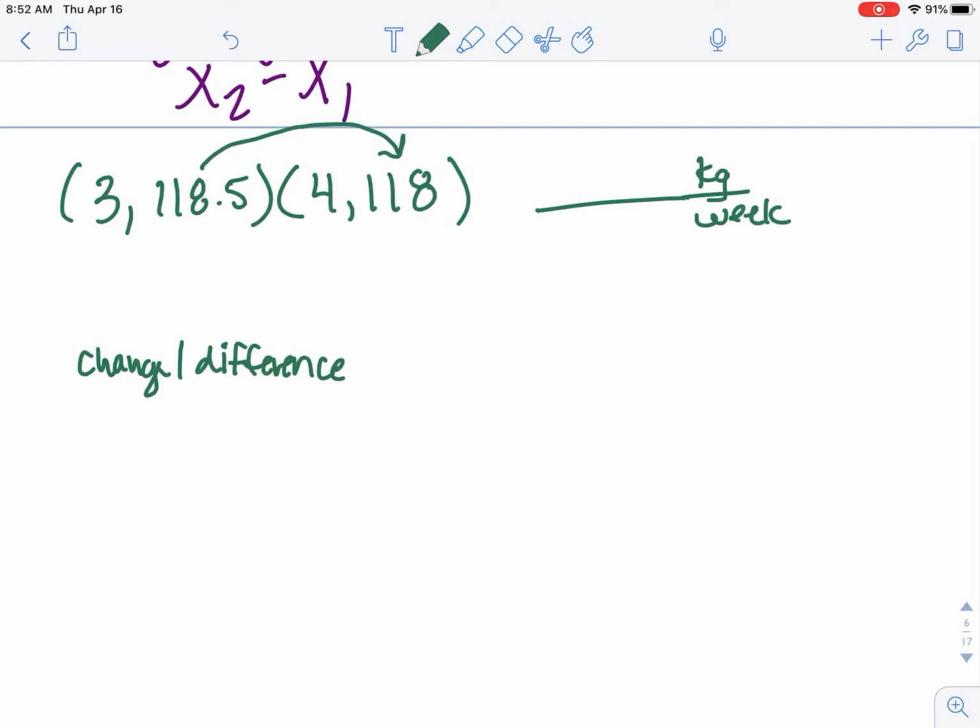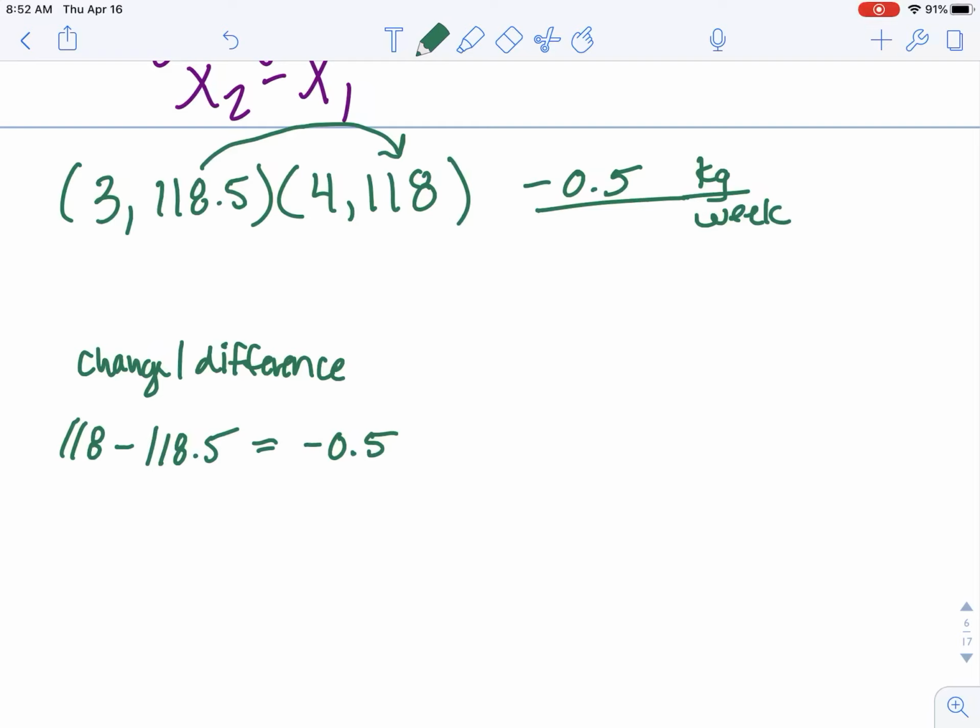So we said 118.5 minus 118, which was 0.5, or it went down. Some of you said down 0.5, which you should have said. And that's actually 118 minus 118.5. That gives you negative 0.5.